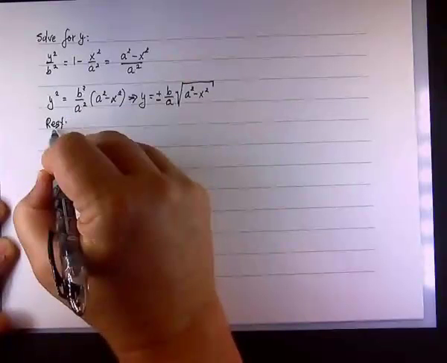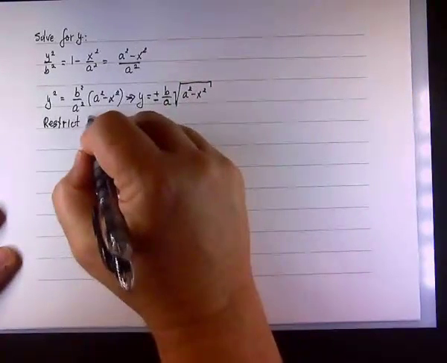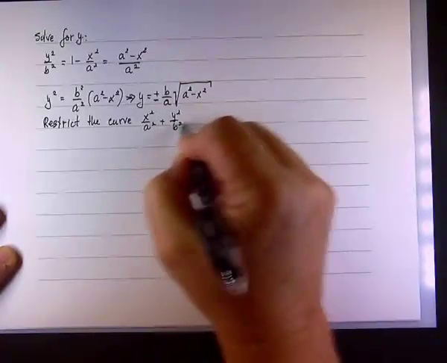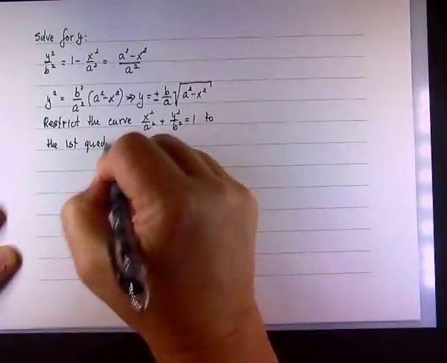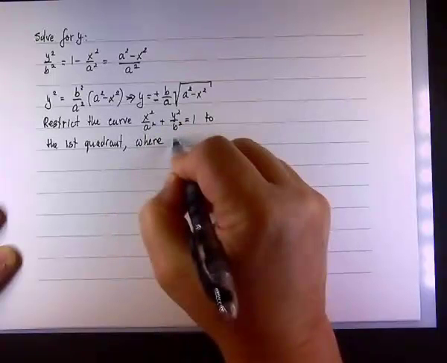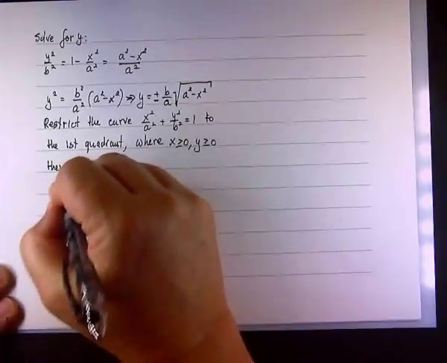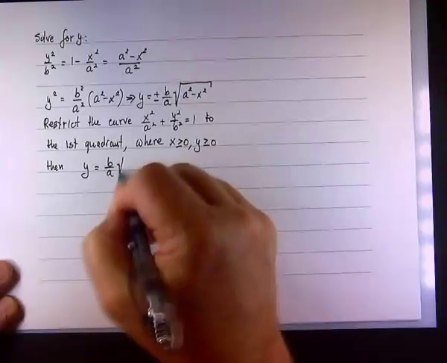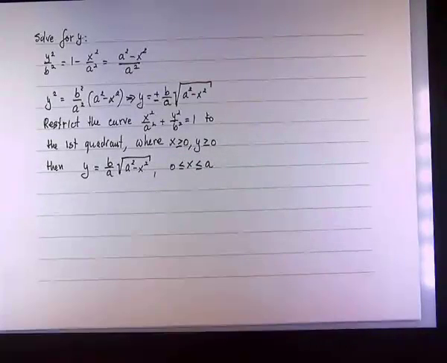So again, we restrict the curve x squared over a squared plus y squared over b squared equals 1 to the first quadrant, where x is greater than or equal to 0 and y is greater than or equal to 0. Then we can say that y equals positive b over a square root of a squared minus x squared, and x goes from 0 to a.